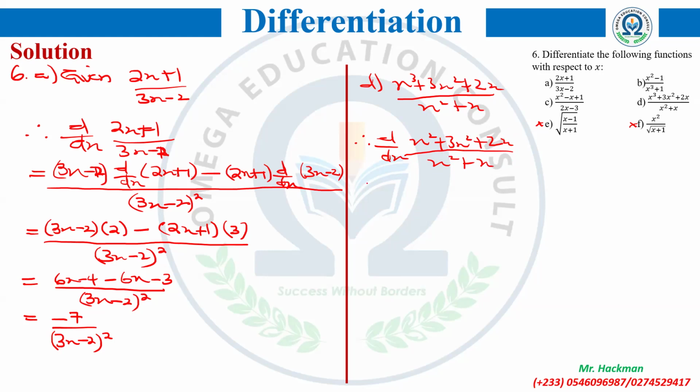So in this case, I'll write that is equal to, I'll come down. I will hold my denominator function, which is x squared plus x. It's a binomial. Don't forget to put it in brackets. Other than that, you'll be in very big trouble. Then you go and differentiate the numerator.